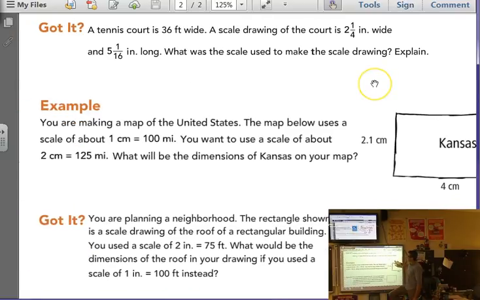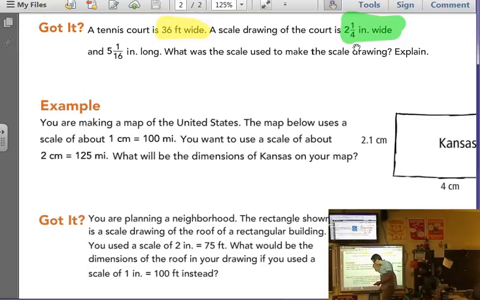All right, try this. If a tennis court is 36 feet wide and a scale drawing of it is 2 1/4 inches wide, then how long is the actual tennis court? So you know its width in actual. You know its width in the model.